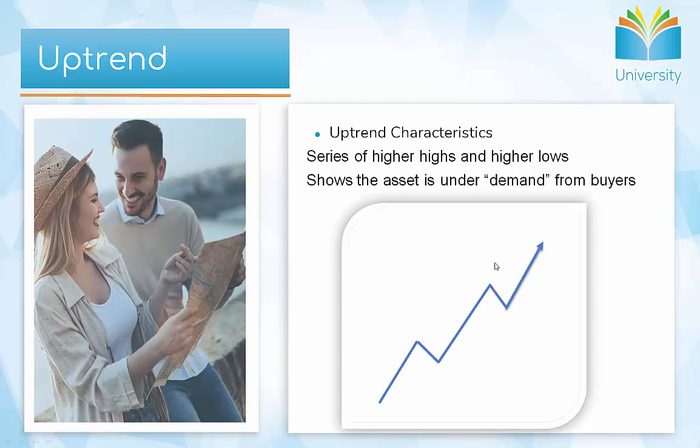This asset is under demand. We can see that because the stock or the currency or whatever we're trading continues to climb. This price point, you can see it pierces that. It goes higher than the prior high. So we know it's making a higher high.